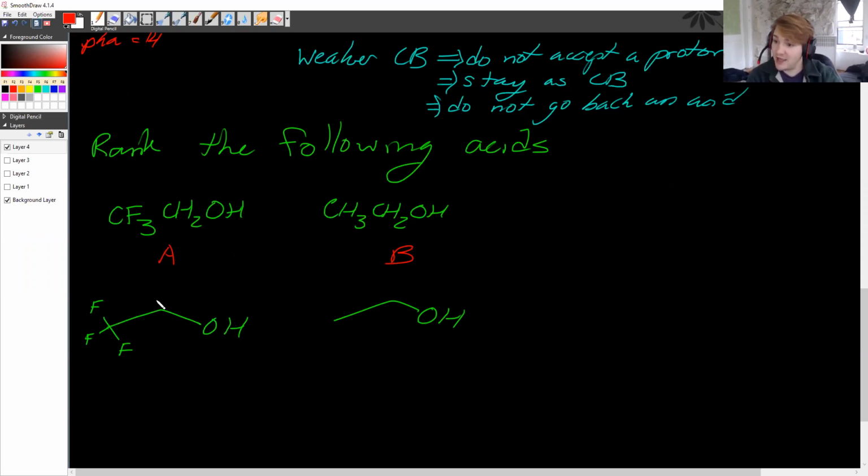It's going to be A, right? Because these fluorines are going to be slurping that negative charge away from the oxygen and increasing acidity. So on your exam, you're going to be given a compound that you know about. Here's an alcohol, and then you're going to be given a fluorinated group.